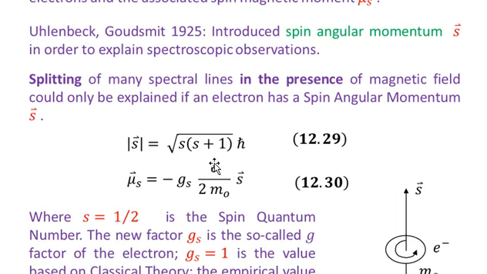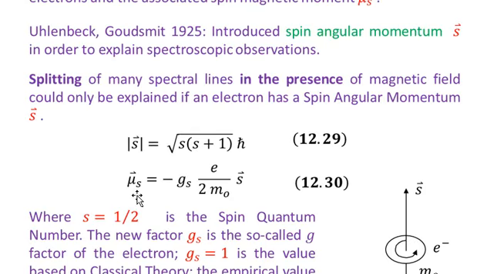And this is the relationship between the magnitude of the spin angular momentum on the left hand side and the spin quantum number on the right hand side under the square root sign. Under the square root you have s into s plus 1, and outside that you have h bar.